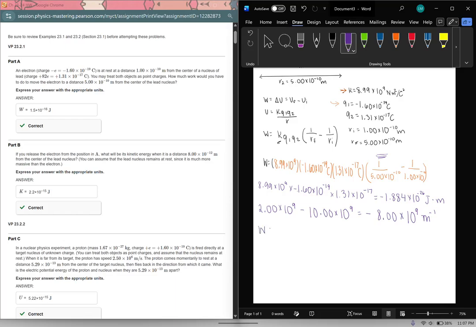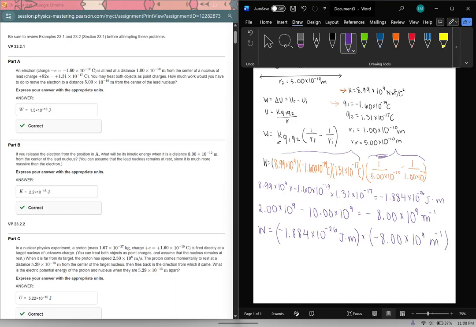Work is equal to, now we're going to do everything together. So we have to multiply everything together since we did this part separately, and we did this part separately. Now we're going to multiply both of these together: negative 1.884 times 10 to the power negative 26 joules times meters, multiplied by negative 8.00 times 10 to the 9 per meter.